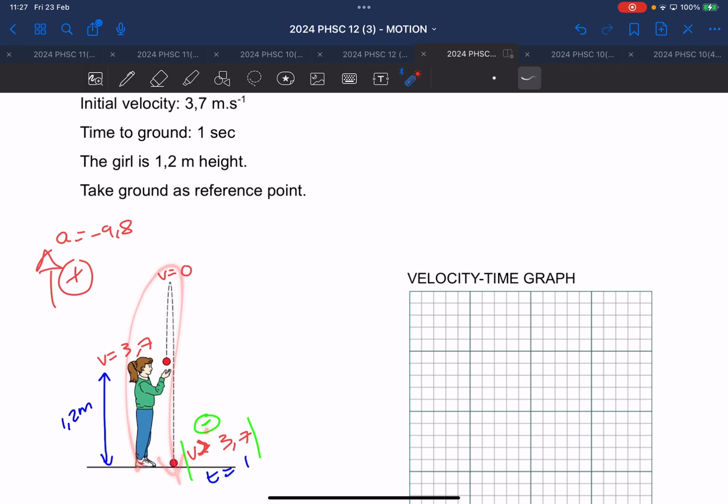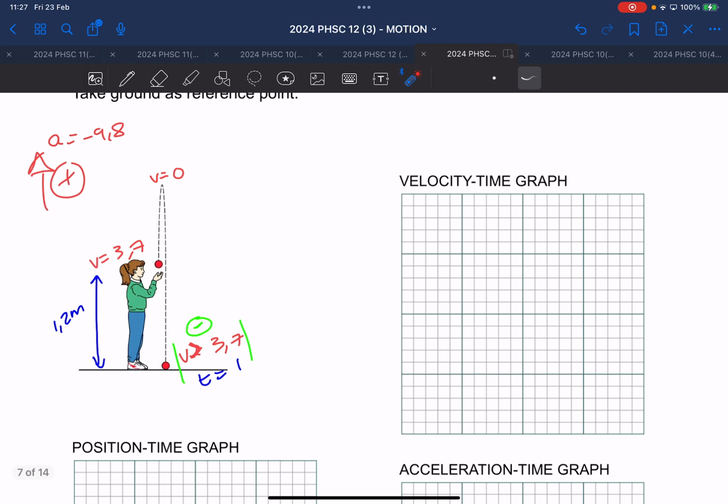Okay. Right, so when we have to draw a velocity time graph, you ask yourself what the graph looks like. It doesn't matter if you draw it at the middle, it's not the end of the world at all.